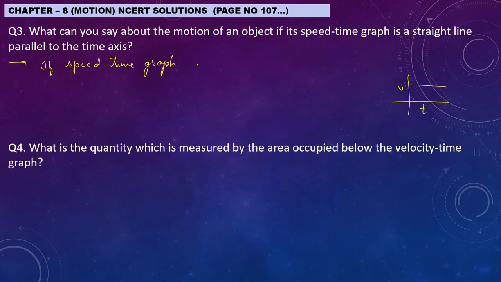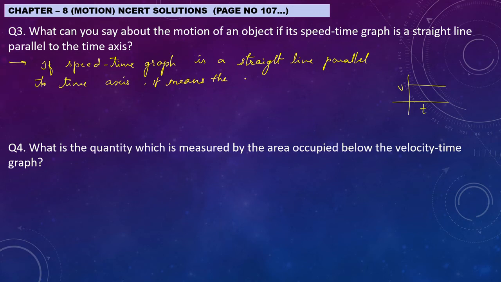If the speed time graph is a straight line parallel to the time axis, it means the speed of the object, the straight line always shows no change, the speed or velocity of the object remains constant.